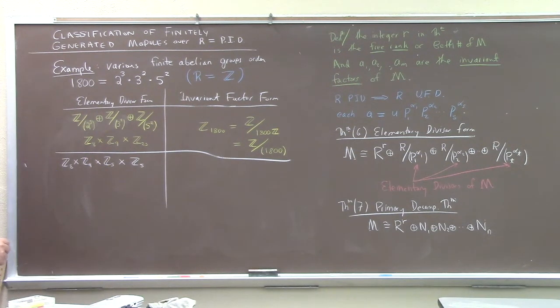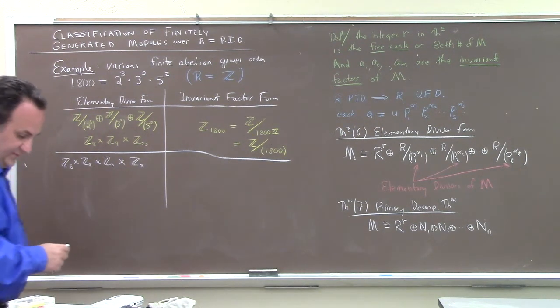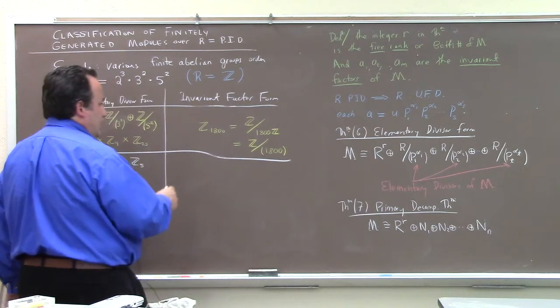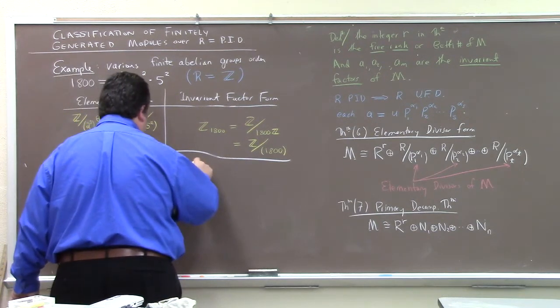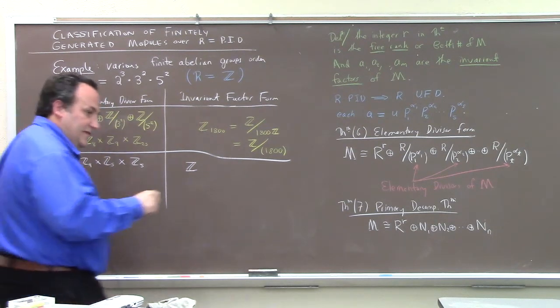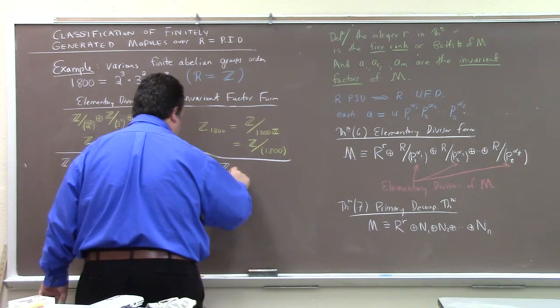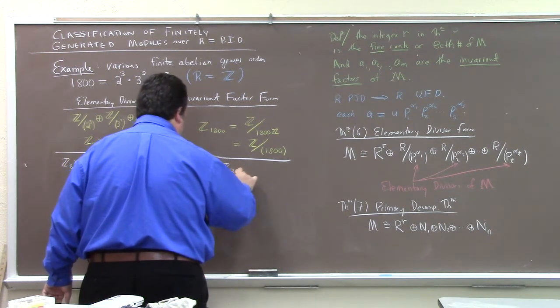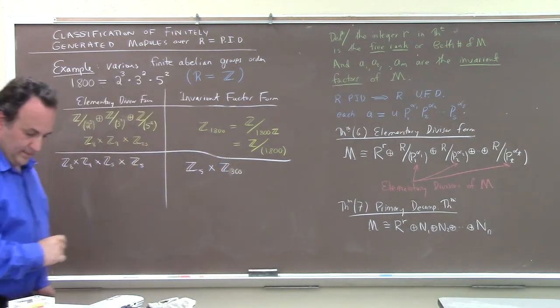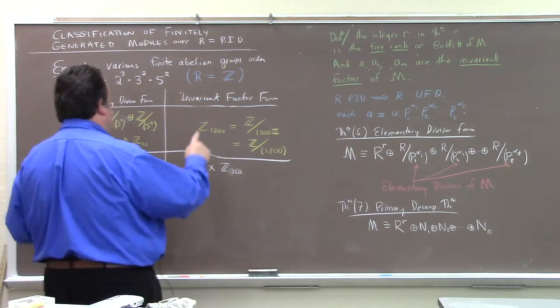In this case, the invariant factor form is, let me fix, my notes have it backwards: Z5 cross Z360.